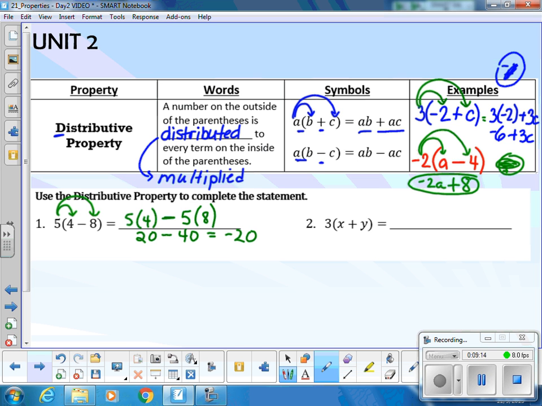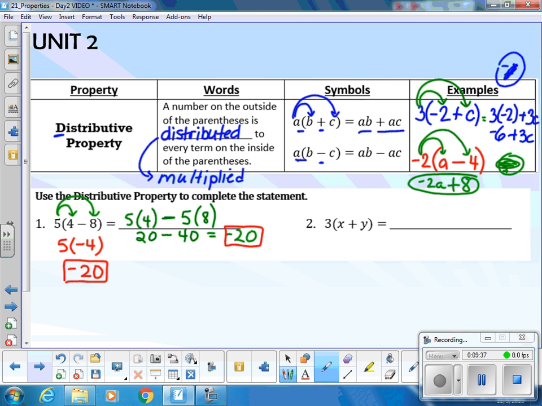And I want to show you something, you don't have to write this, don't write this. If I were to use order of operations, 4 times a negative 8 is negative 4. If I multiply 5 times a negative 4, I get a negative 20. I have negative 20 here, and I also have negative 20 here.